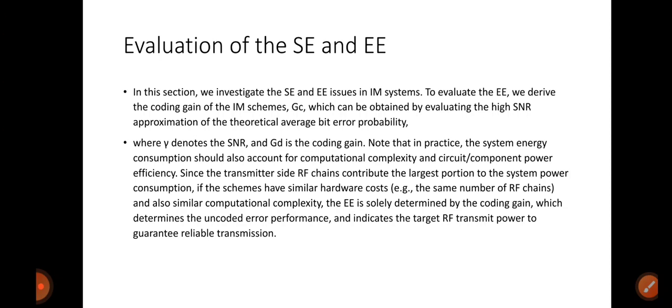To evaluate the energy efficiency, we derive the coding gain of the index modulation schemes, G_C, which can be obtained by evaluating the high signal-to-noise ratio approximation of the theoretical average bit error probability, where gamma denotes the signal-to-noise ratio and G_D is the diversity gain. Note that in practice the system energy consumption should also account for computational complexity and circuit component power efficiency, since the transmitter-side RF chains contribute the largest portion to the signal power consumption.